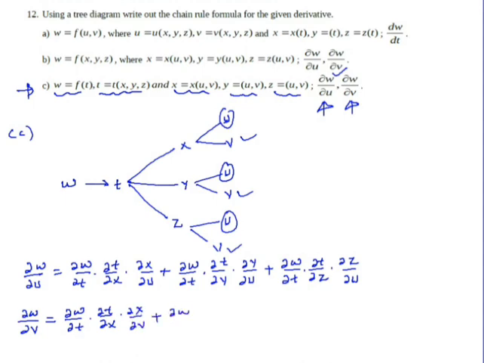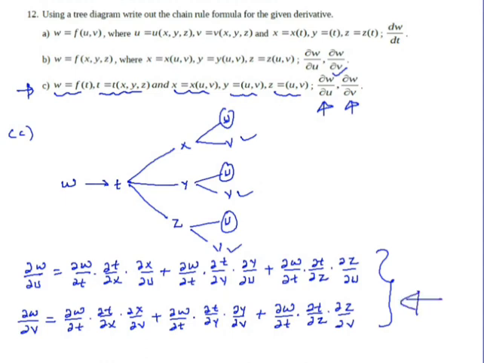The second path will be the partial derivative of w with respect to t, t with respect to y, and y with respect to v. Okay, and the last path will be the partial derivative of w with respect to t, t with respect to z, and z with respect to v. So these are the required chain rules for the c part. The chain rules we use for the partial derivatives asked in part c look like these.